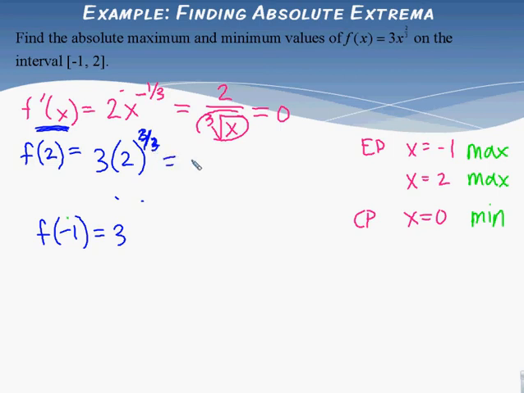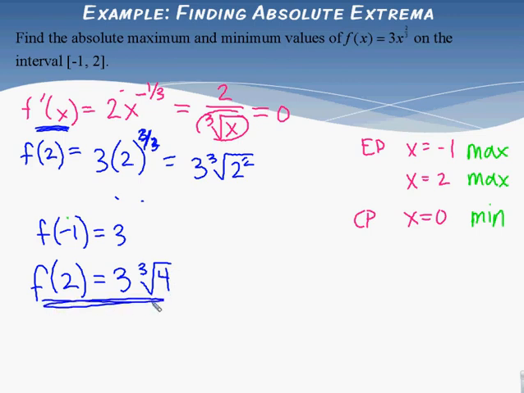And so that just means 3 times the 3rd root of 2 squared. And so I don't really know what the 3rd root of 4 is, but I do at least know that it's larger than 1. So f of 2 we're just going to leave as 3 times the 3rd root of 4, and know then that this guy is bigger than this guy.